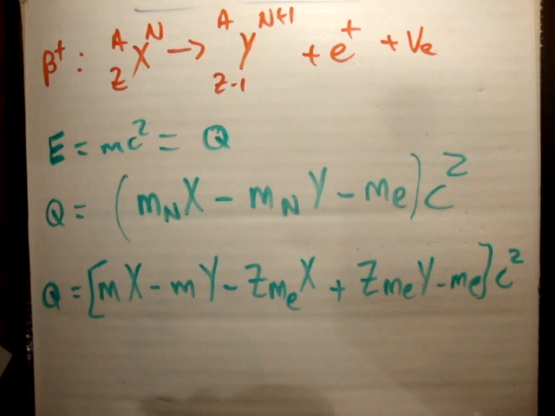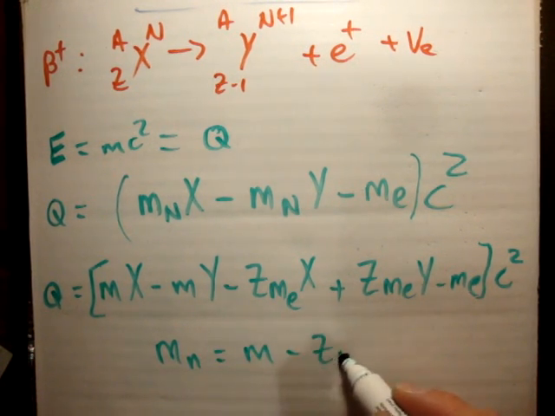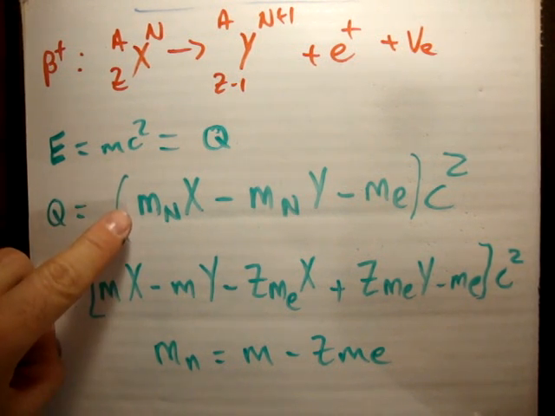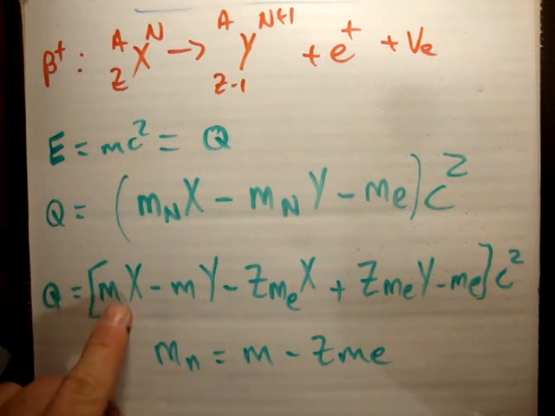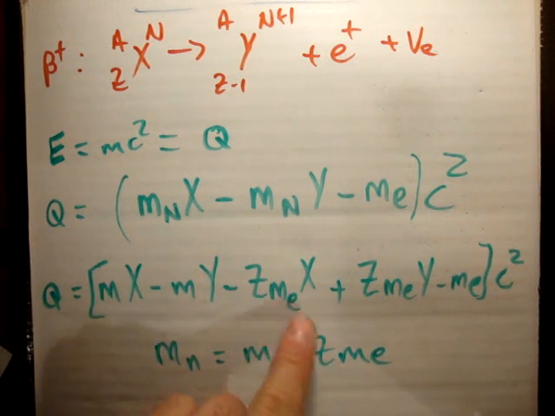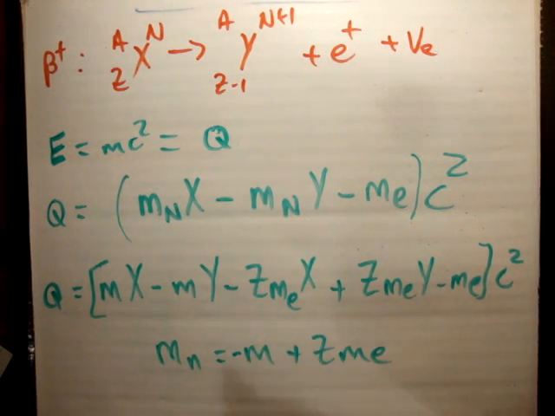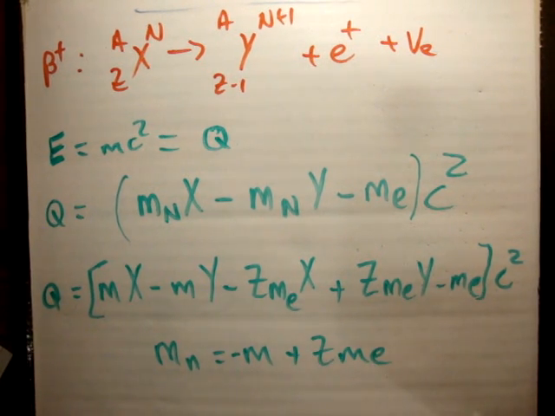Alright, so look, we said that m sub n is equal to m minus Z times m sub e. That means for the mass of the nucleus for X, we're getting the mass of X minus the number of electrons for X, and for Y it's going to be the other way around, because this negative sign is going to be minus and plus, which is what we have. We have minus Y but plus the electrons here.